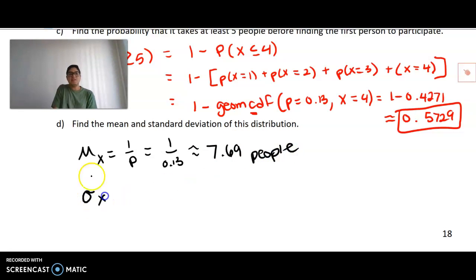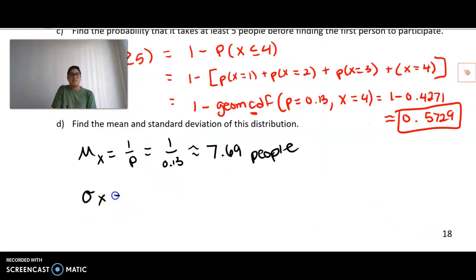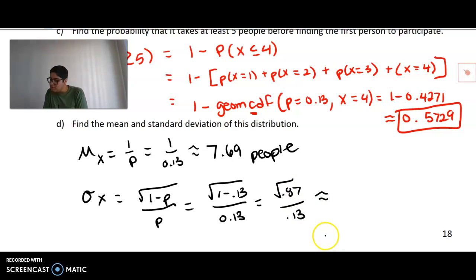And our sigma, if you don't know where I'm getting these from, these just come from the formulas for the mean and the standard deviation parameters. The sigma of x is the square root of (1 minus p) over p. So I'm going to have the square root of (1 minus 0.13) over 0.13, or the square root of 0.87 over 0.13. This is going to give me an approximate standard deviation of about 7.17 people.